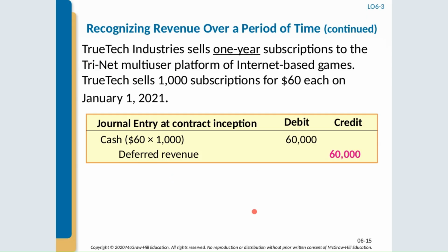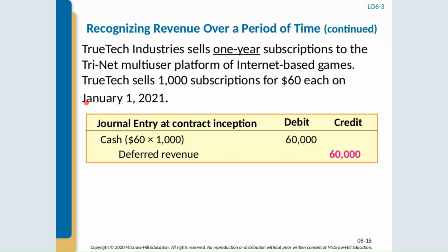So True Tech Industries sells 1-year subscriptions to the TriNet multi-user platform of internet-based games. True Tech sells 1,000 subscriptions for $60 each on January 1st, 2021. So they received the cash, but as the subscriptions expire, that's when we're going to recognize the revenue.